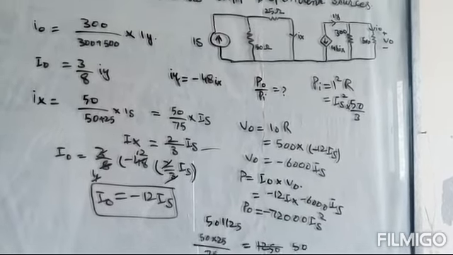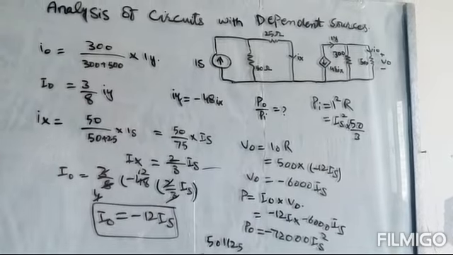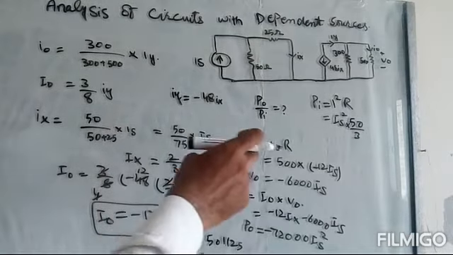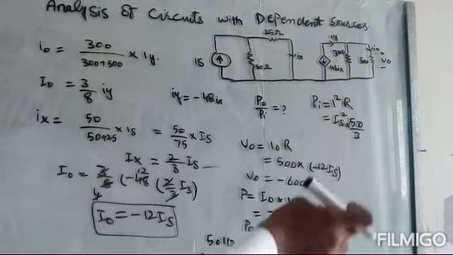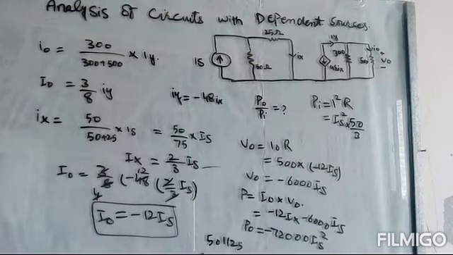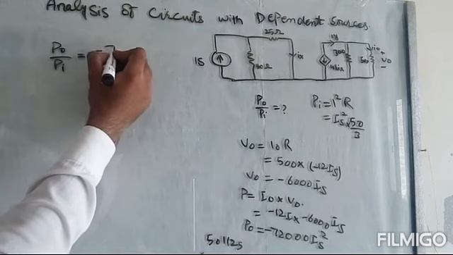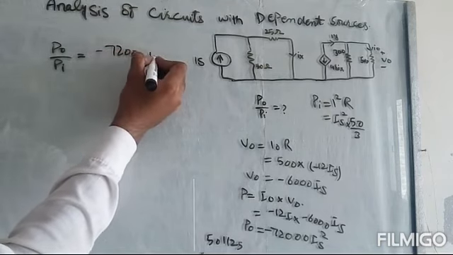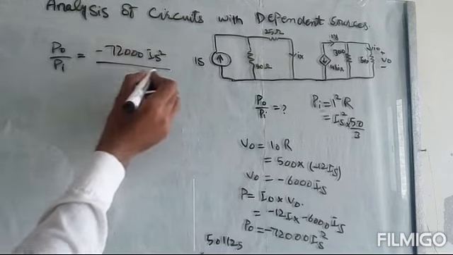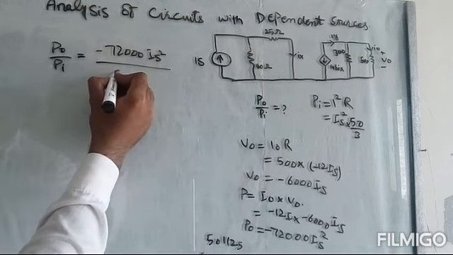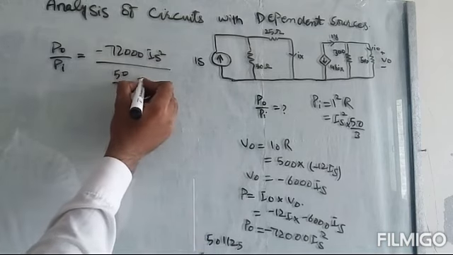Now we want to find P naught over P input. So this is our input power, this is our output power. We will divide these two terms and we will find our desired answer. So P naught is equal to minus 72,000 Is square divided by P input, which is 50 divided by 3 Is square.